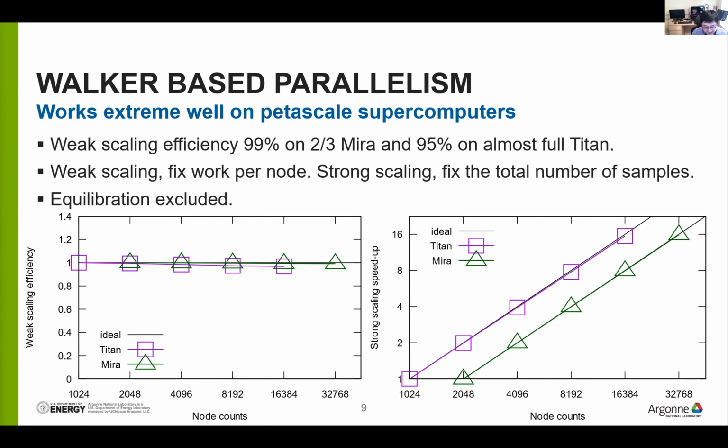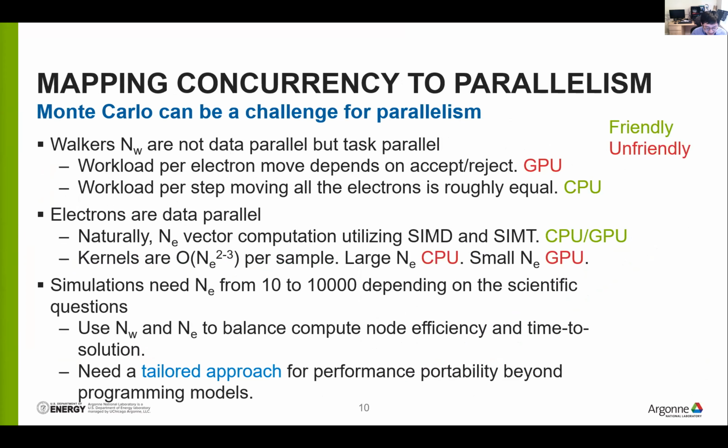Mira has 32,000 nodes, and it's not a problem. On Summit or Titan, the older machine, it's 95%. We are just doing one MPI rank per GPU. So this high-level decomposition of the problem brings very good scaling on all the supercomputers at the machine level.